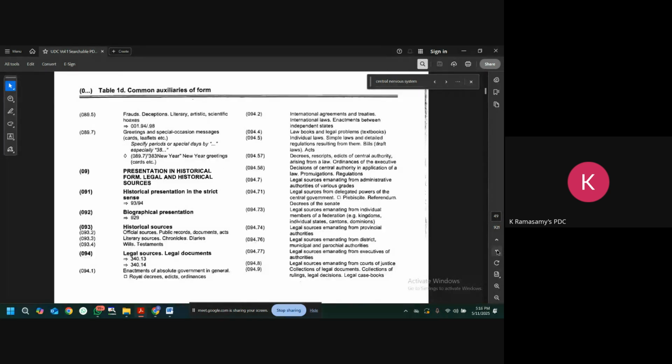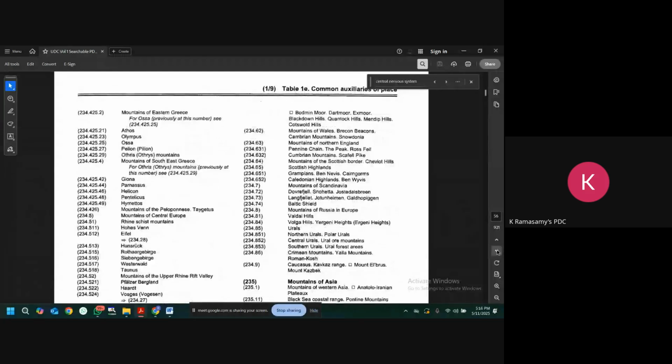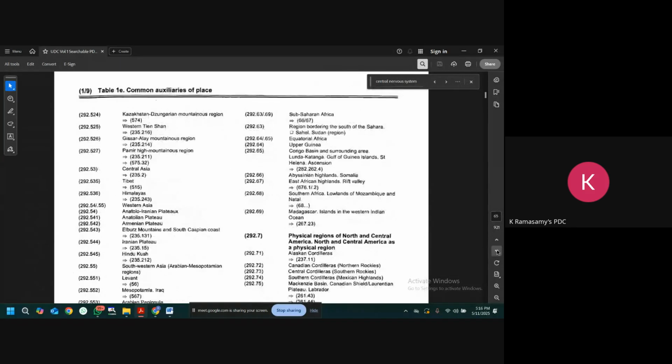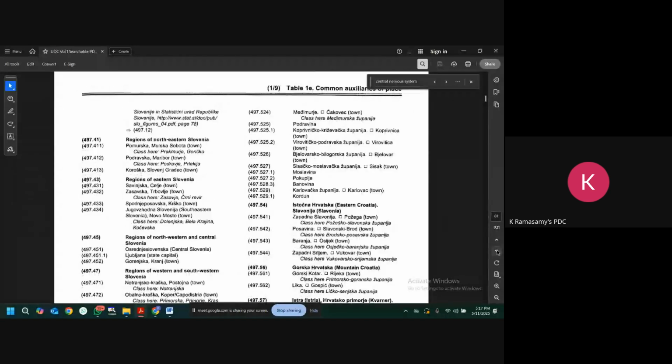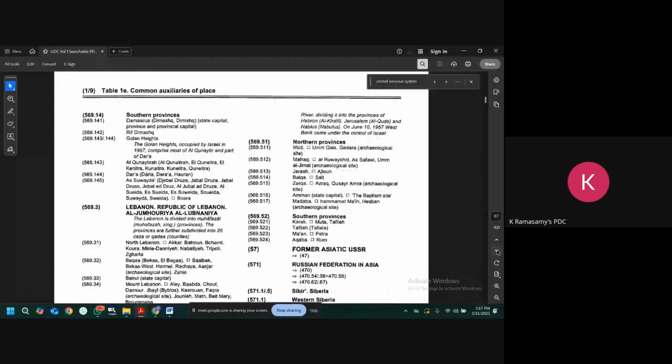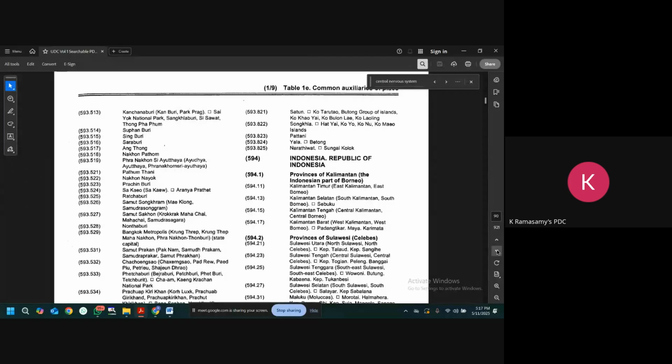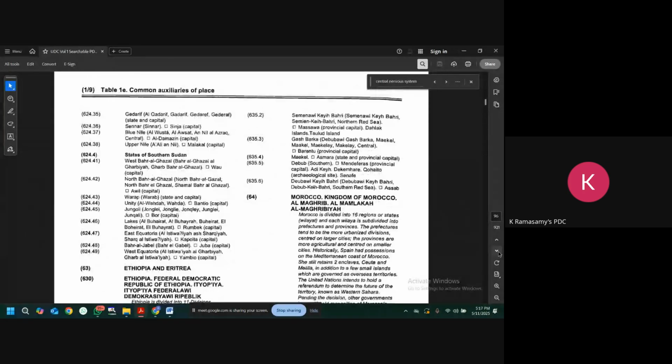This way, tables are listed one by one, place table, regional languages or national ethnic groups, and all those tables are there. Tables are named as 1A, 1B, 1C, and similarly.